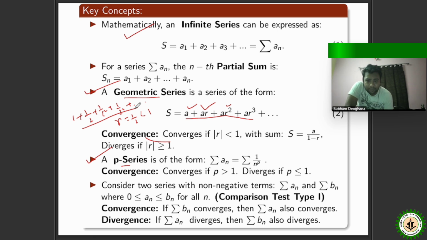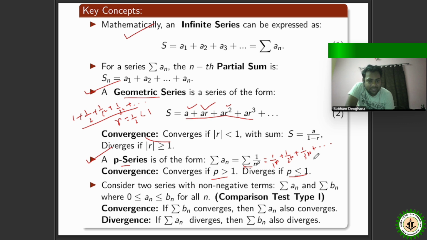Now a P series can be expressed in this form, summation of 1 by n to the power p. This can be written as 1 by 1 to the power p plus 1 by 2 to the power p plus 1 by 3 to the power p, and so on. This type of series will be convergent if p is greater than 1 and divergent if p is less than or equal to 1.